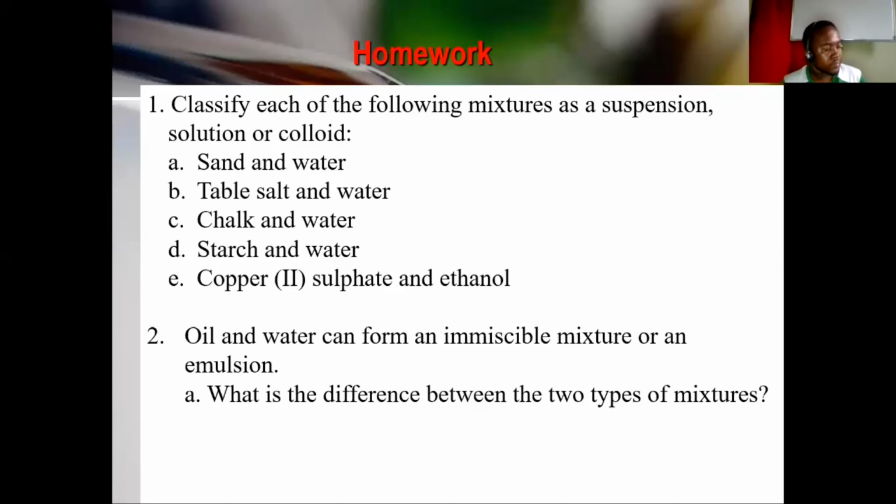Immiscible is a mixture that does not mix, and an emulsion is when it mixes. All right, we can go with that. So immiscible means that the liquids don't mix, right? And then emulsion would mean that they mix to an extent, but we still can see their particles.